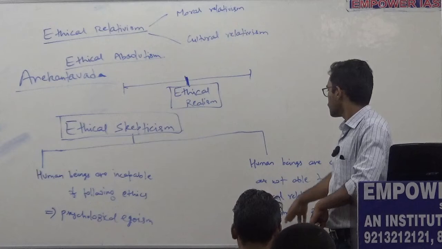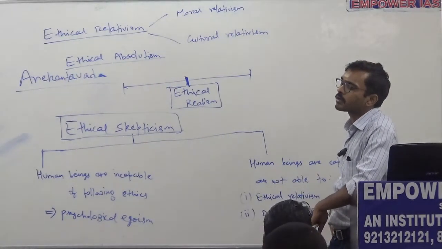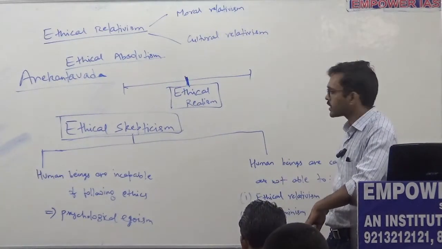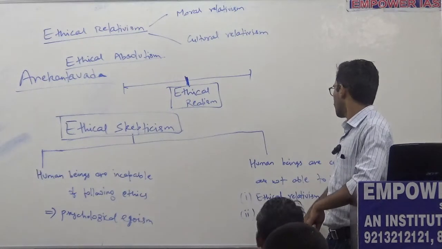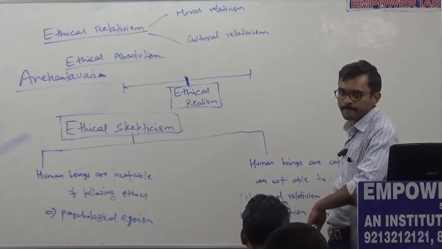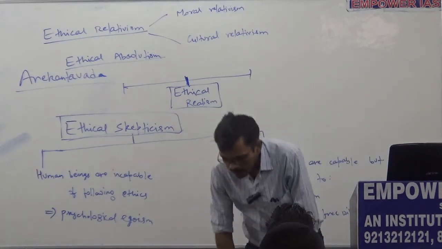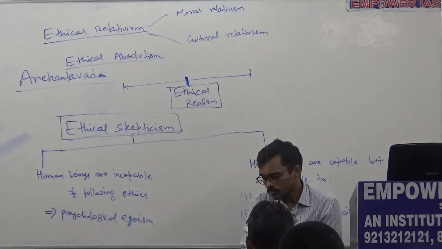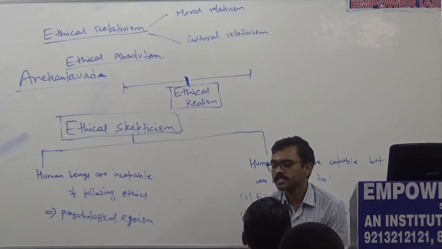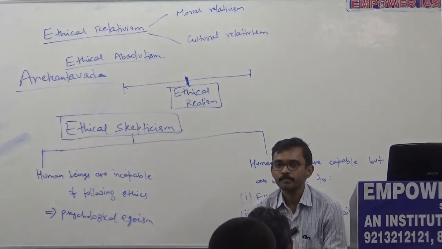The second reason why ethical skeptics believe that human beings are not able to follow ethics is the philosophy of determinism and free will. According to this philosophy, the supporters say that human beings are not autonomous agents.